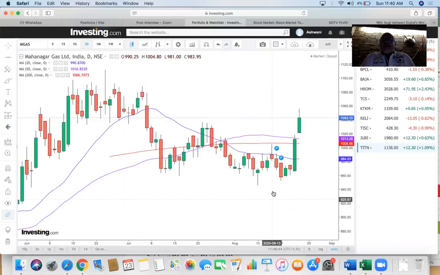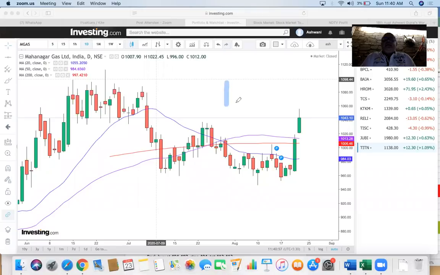So 1100 minus 960, target here could be 1250. 1100 plus 150, 1250.